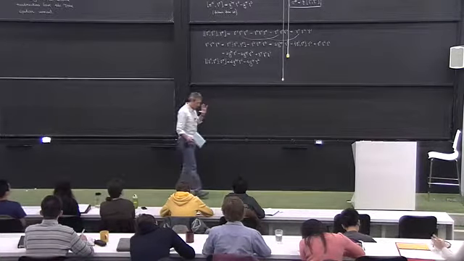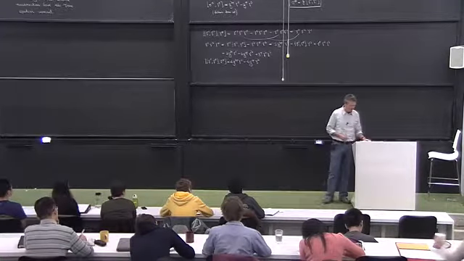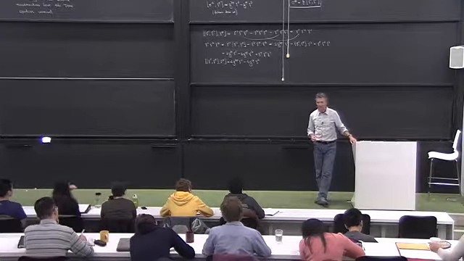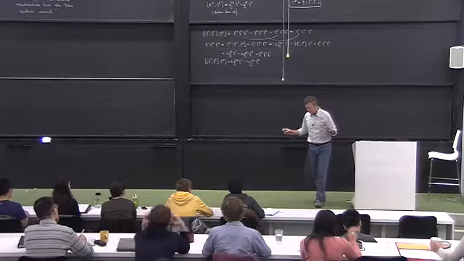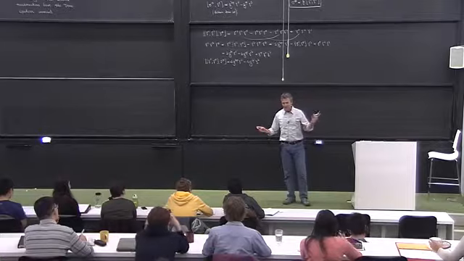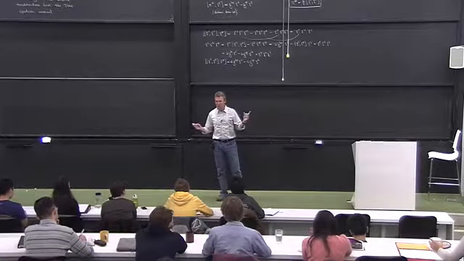These spinor transformations have some funny properties. For instance, if you rotate a vector by 180 degrees, it will go back to itself, right?